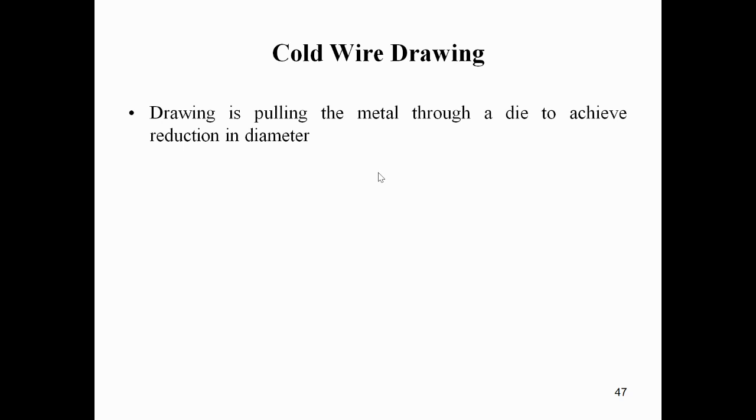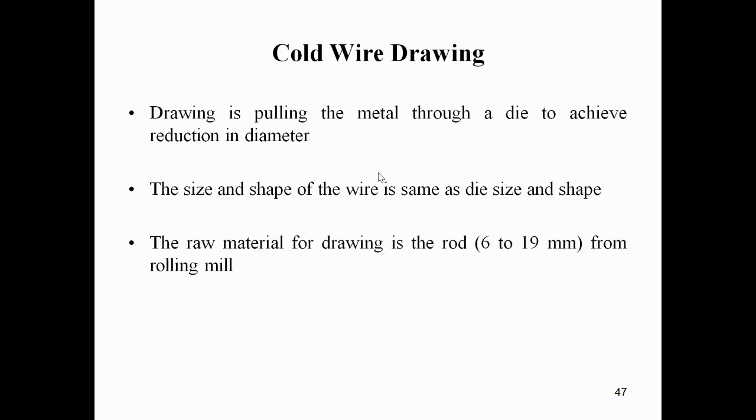You can see here, drawing is pulling the metal through a die to achieve a reduction in diameter. The size and shape of the wire is the same as that of the die size and shape. The raw material for drawing wires is the rod, 6 to 19 mm, from the rolling mill.